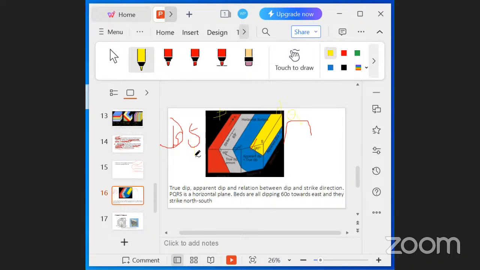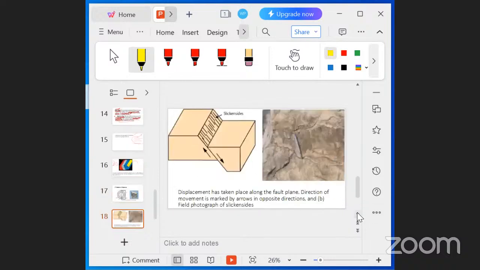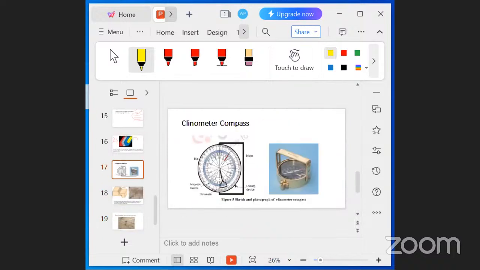Q, this one. R, this one. S, right? So this PQRS is a horizontal plane. The beds are all dipping at 60 degrees towards east and they strike north-south. Strike north-south, right? So now, this is an important thing.